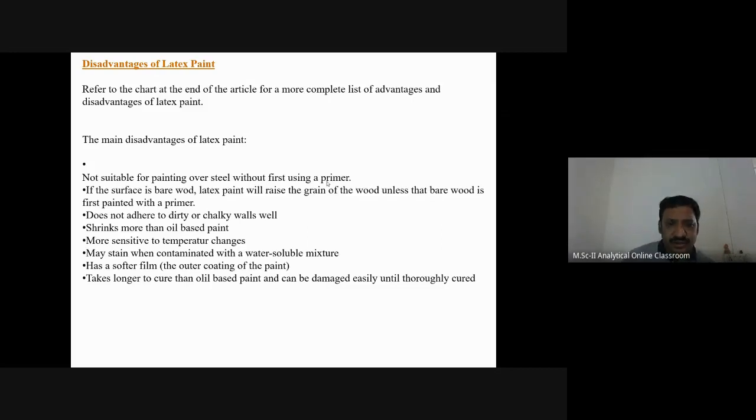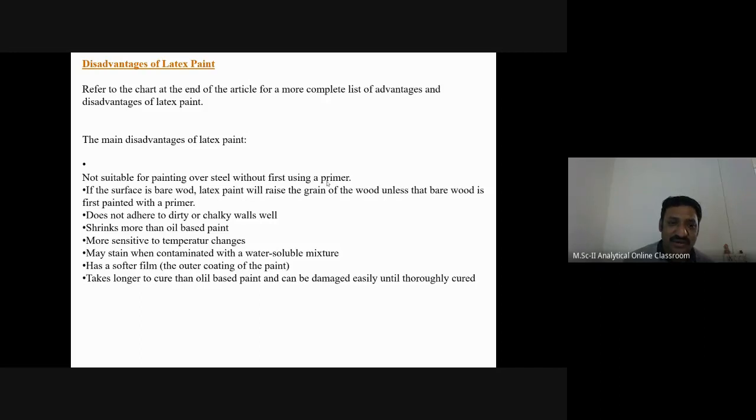So it is more sensitive to temperature changes. As we have seen, if you apply it on the surface of a wall, then depending upon temperature, contraction and expansion take place. Suppose in India summer and winter seasons are there, and if you apply the paint on the wall, at the time of summer it expands, at the time of winter it contracts, so it is not flexible for us.